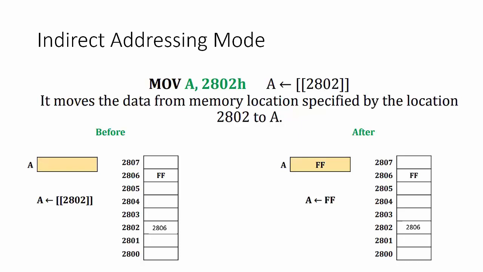Here the figure is divided into two parts: the before section and the after section. The before section shows the state before execution of the instruction, and the after section represents the effect after execution.